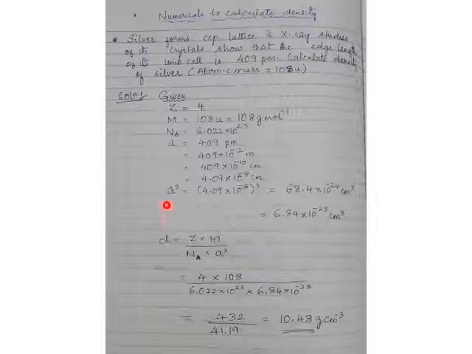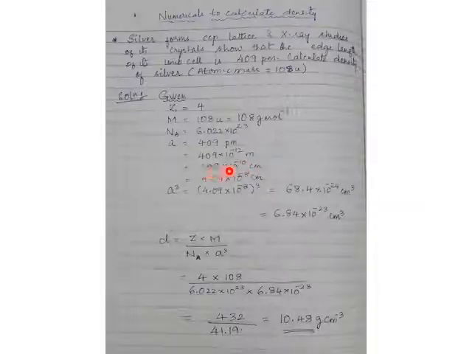So before solving, we'll calculate a cube here itself, then we'll directly substitute in the formula. That is, first you have to find out a in terms of centimeter. So 409 into 10 raised to minus 12 meter. Convert into centimeter, there will be a difference of 10 raised to 2.